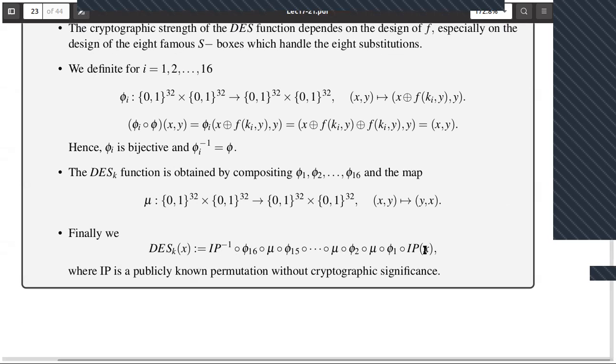First IP of X, the initial permutation, then phi1 is applied, something like that, where mu is another function, actually (x,y) becomes (y,x). It will do all these things, and the initial permutation each time. Altogether it is DES_K.